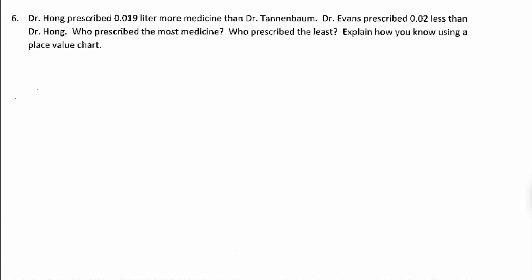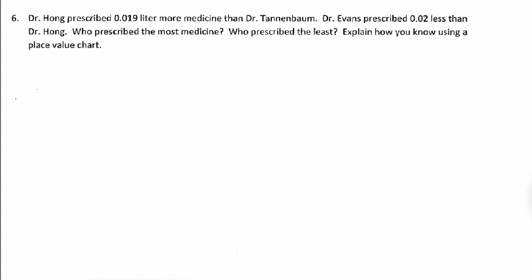Okay, number 6. Dr. Hong prescribed 19 thousandths liter more medicine than Dr. Tannenbaum. Dr. Evans prescribed 2 hundredths less than Dr. Hong.